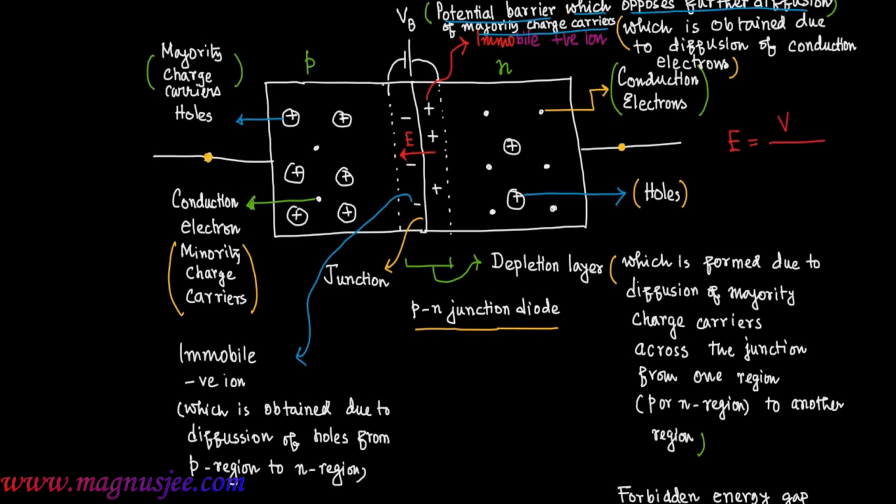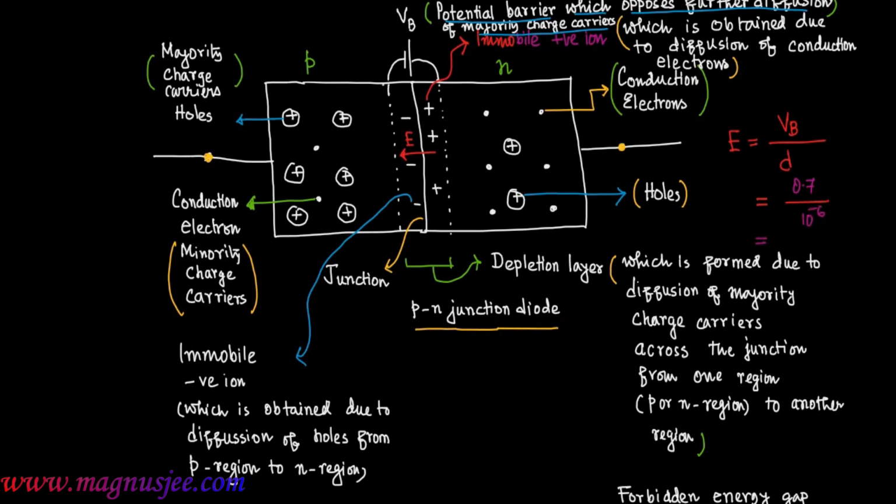That will be the potential barrier VB divided by the width of the depletion layer D. VB for silicon is 0.7 volt, not 1.1 or 0.3. So 0.7 volt divided by 10 to the power minus 6.